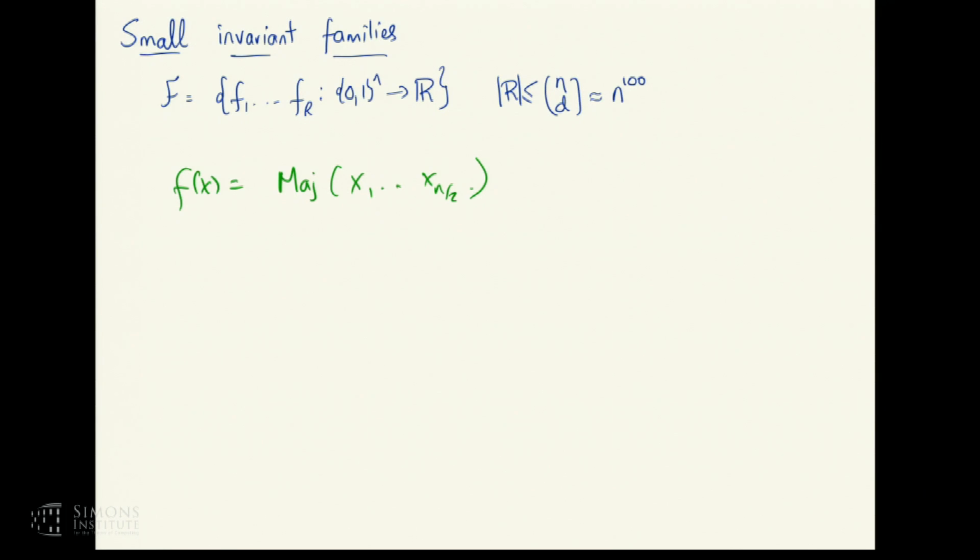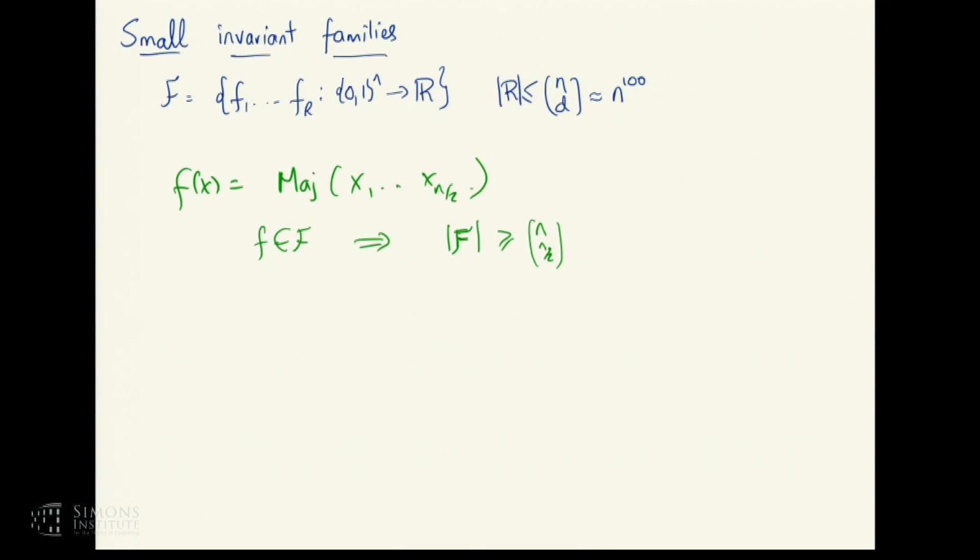If f belongs to the family, then already the size of the family is super large. So there are very few functions that you can actually include and still have a small size.